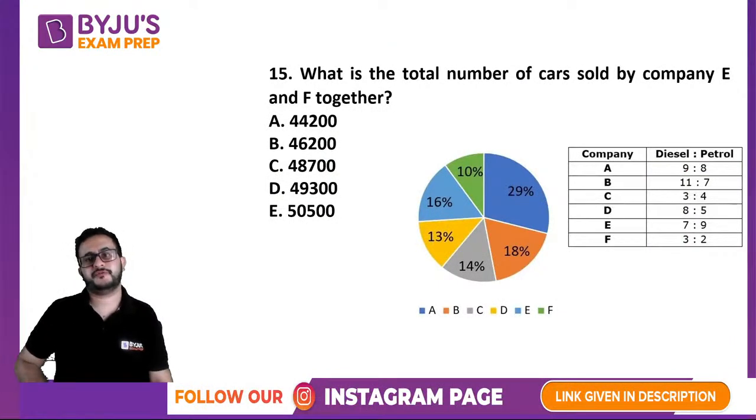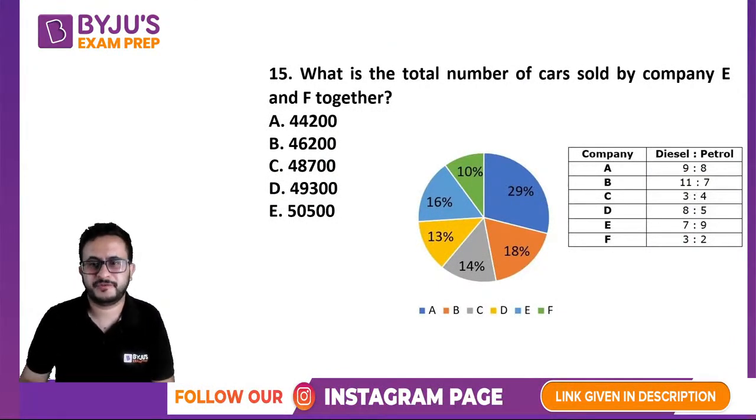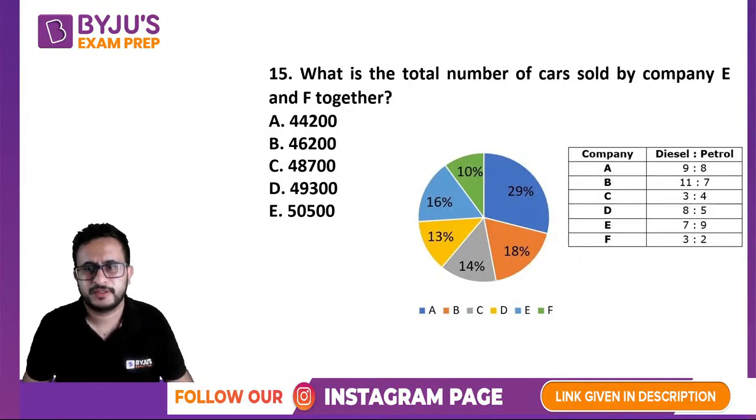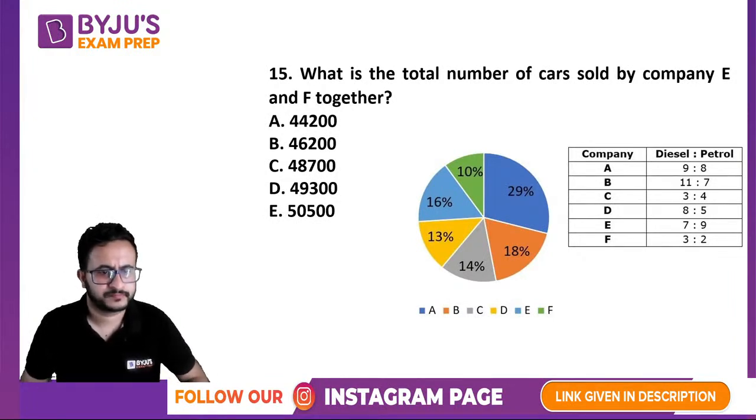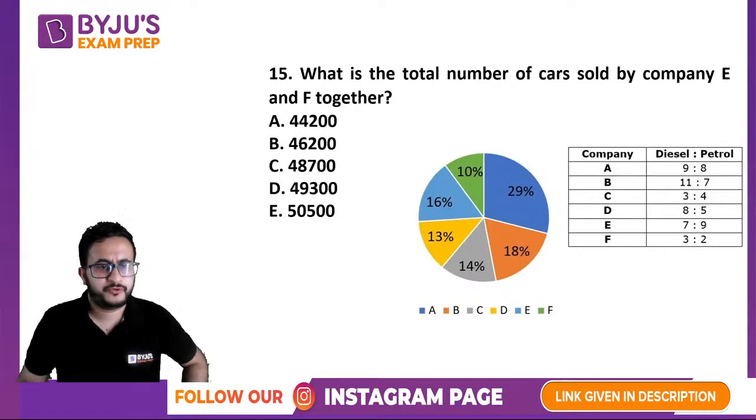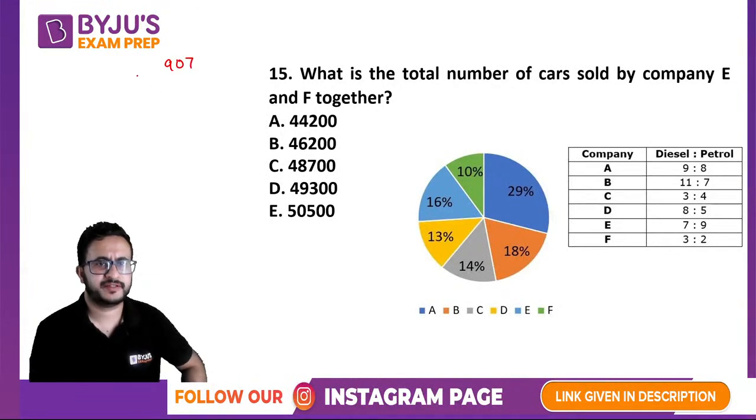What is the total number of cars sold by company E and F together? Now that is the easiest question in this. One one four triple zero कैसा है? So we added this, we got the number 907. ठीक है, 907 वो होगा नहीं, वो होगा 90,700. ठीक है.